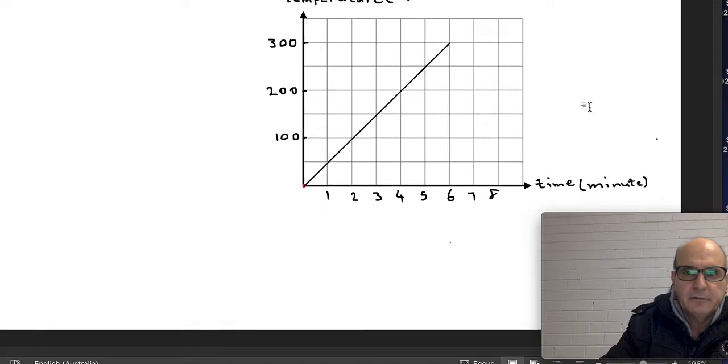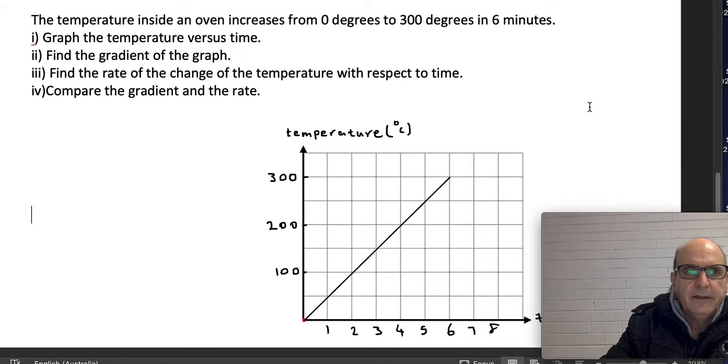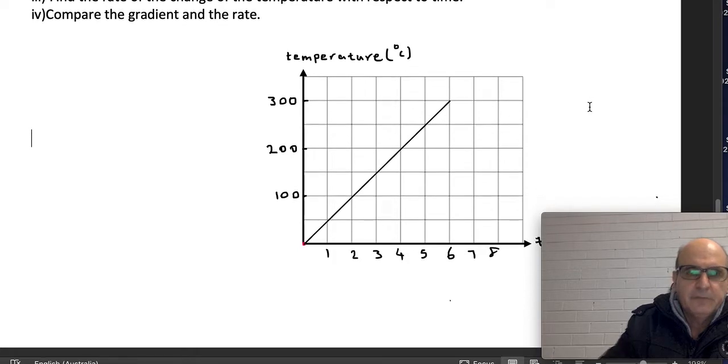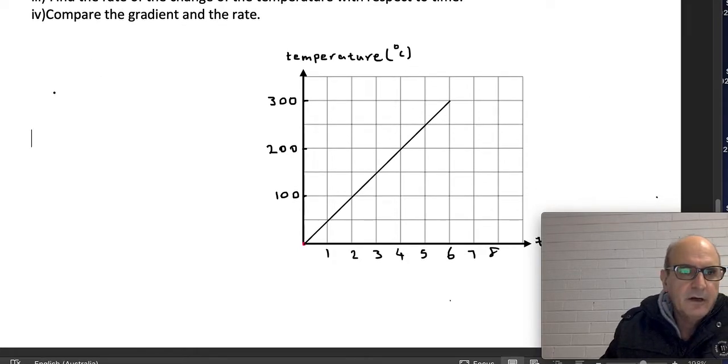Then what they are asking from us is to find the gradient of the graph. If you remember, gradient is rise over run.